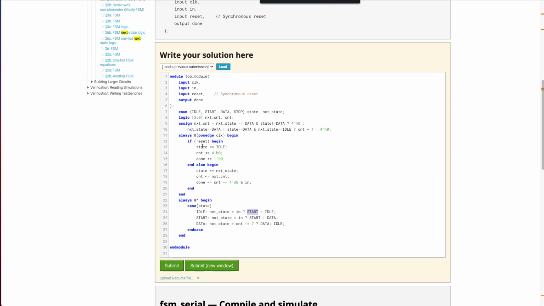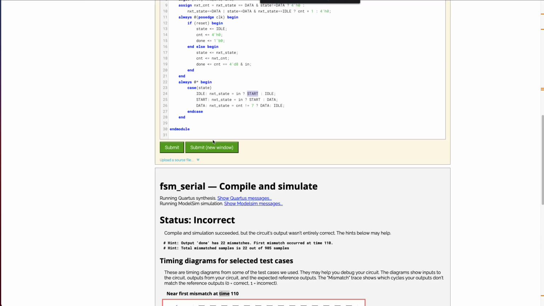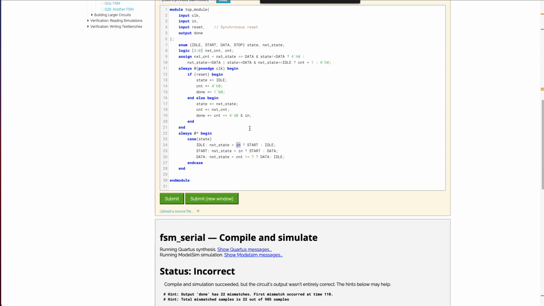So the issue is when reset goes to 0, in also goes to 0, and well, what is next state?